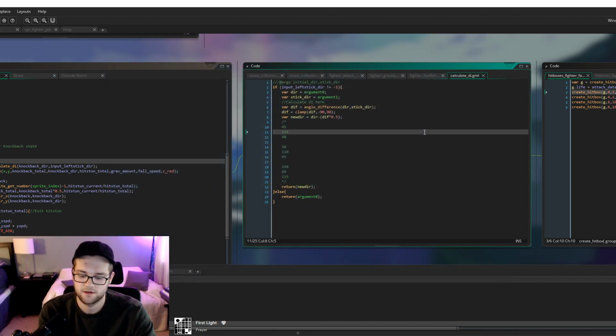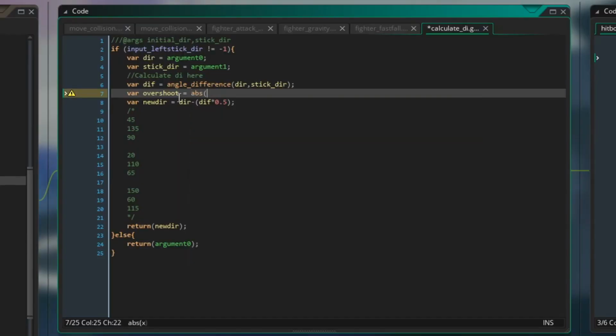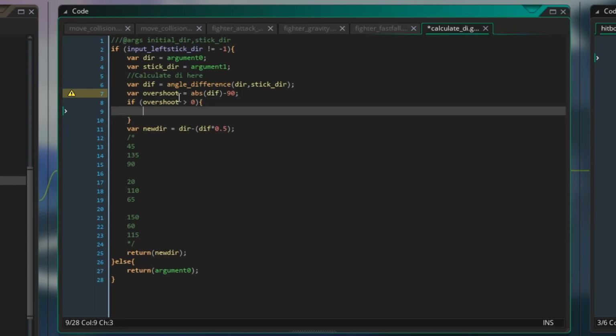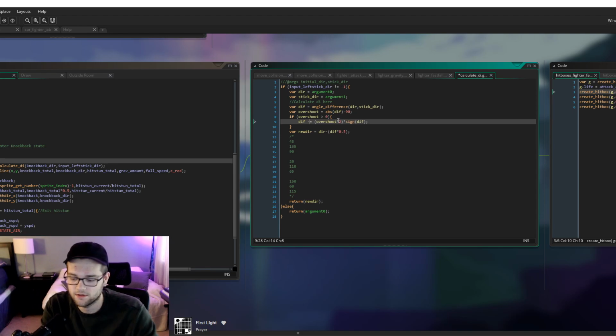Say overshoot equals absolute value difference minus 90, if overshoot is greater than 0, difference minus equals overshoot. I don't know if this works with a positive or negative value. So if it's like 120, we subtract overshoot times 2, and this thing needs to be multiplied by the sign of diff. Plus or minus, who knows?